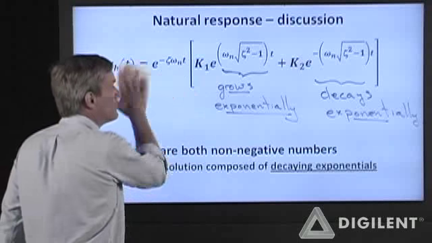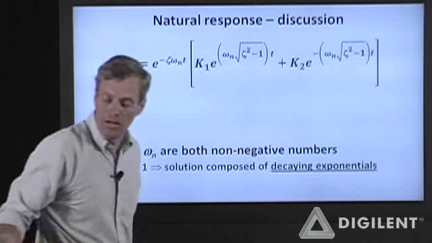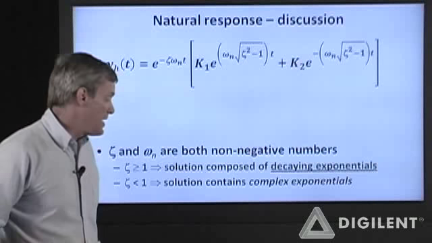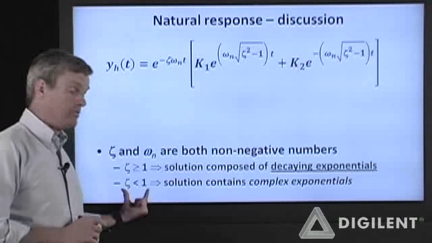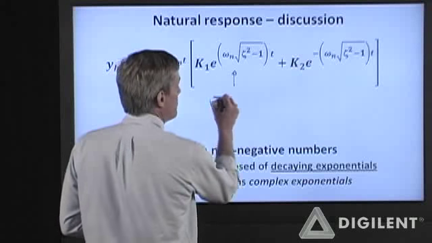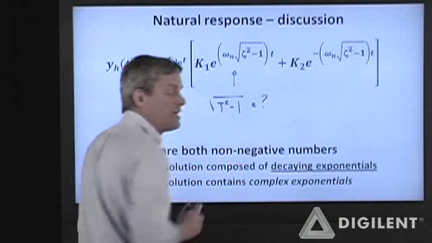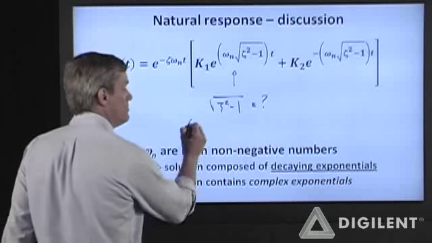Now, what happens if squiggle, the damping ratio, is less than 1? If squiggle is less than 1, the square root of squiggle squared minus 1 is an imaginary number.